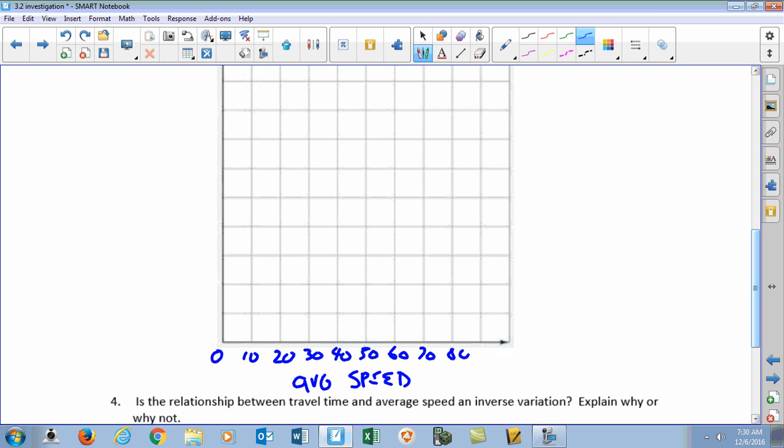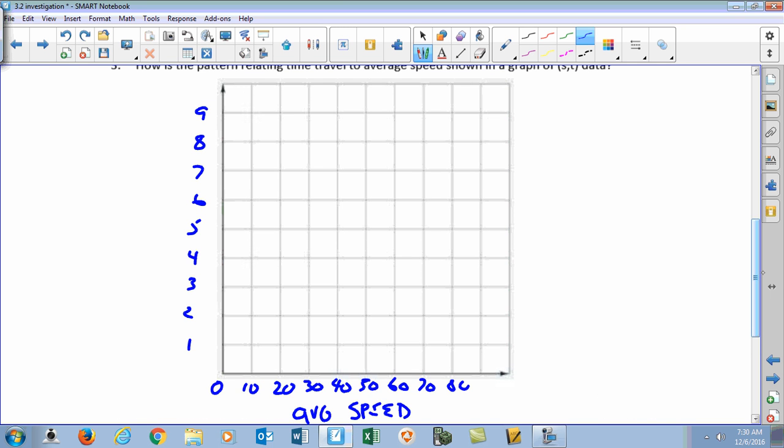I think this goes up to 10, so we'll go by ones. All right, so this is travel time, that's in hours, and average speed is in miles per hour.